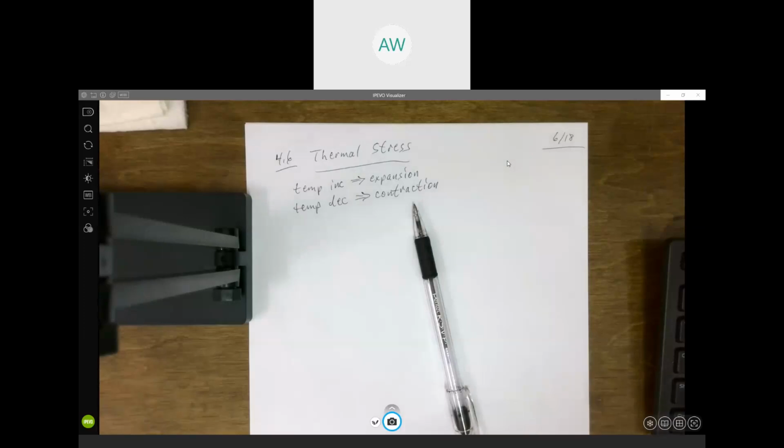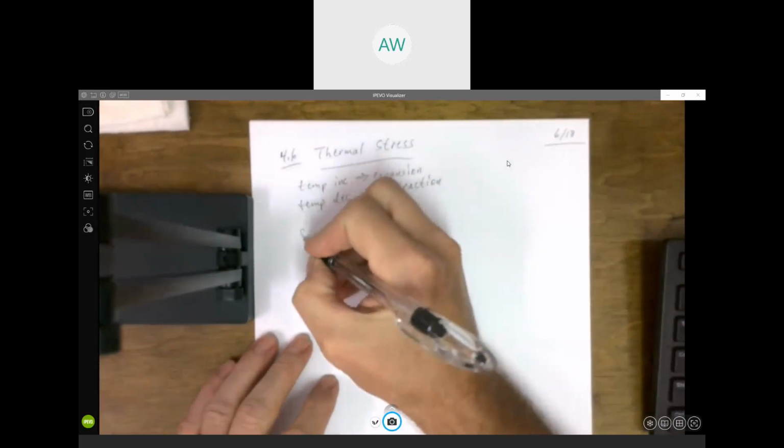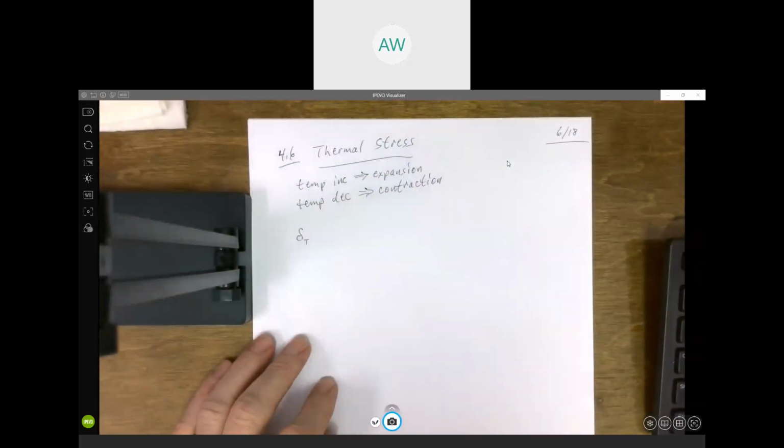Now, how much it's going to expand or contract is given by this formula. We used delta previously to denote the change in length, and the formula that we were using for an axial load was PL over AE.